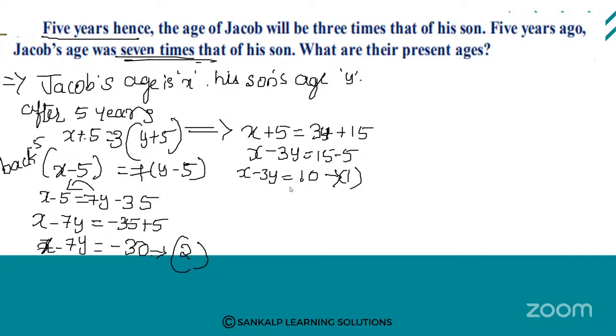Now from equation number 1, see here, if I transfer this 3y to this side, it will be x is equal to 10 plus 3y. Call this equation number 3. So, now substitute the value of x in equation number 2.